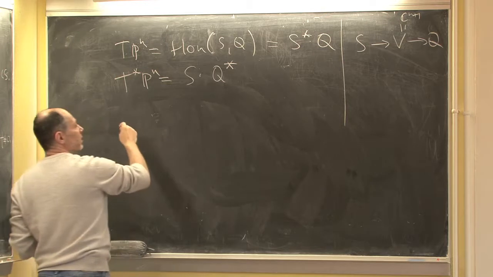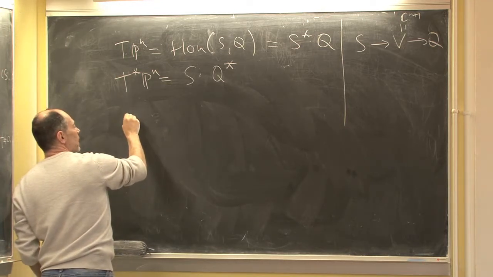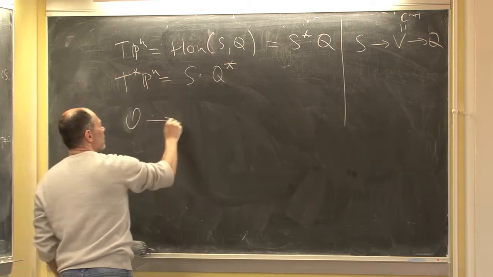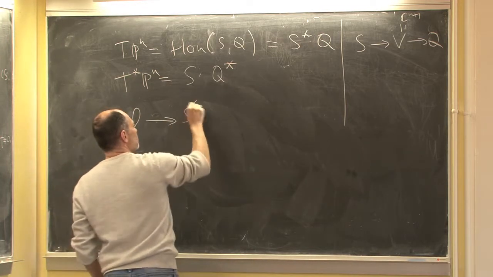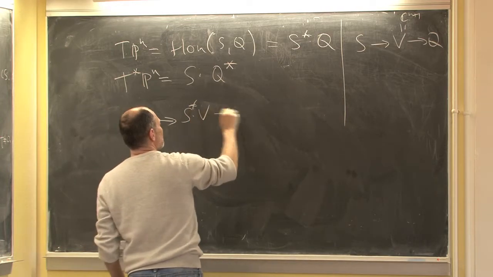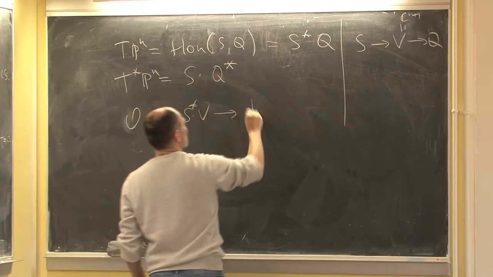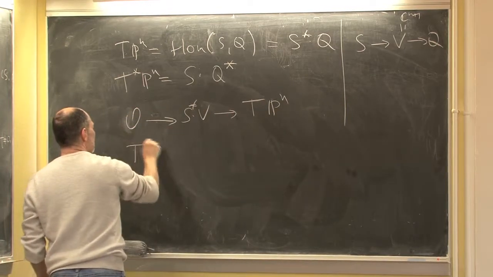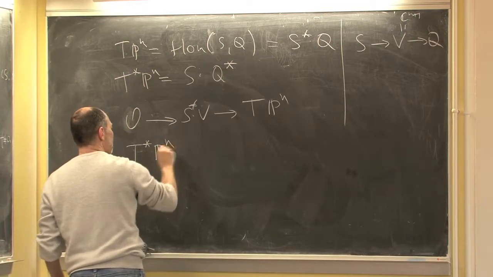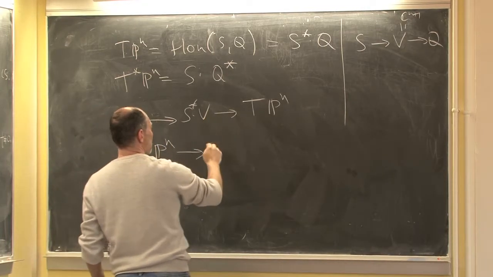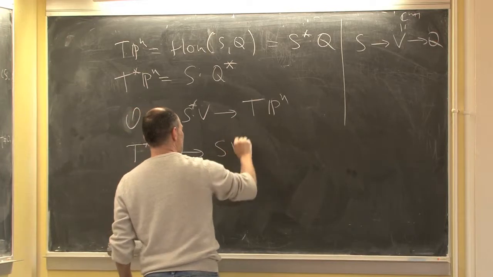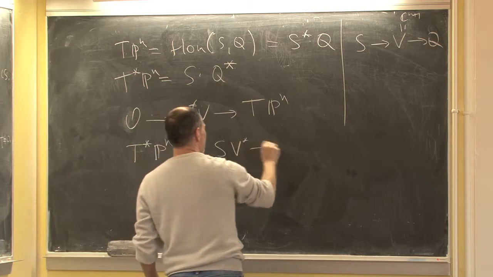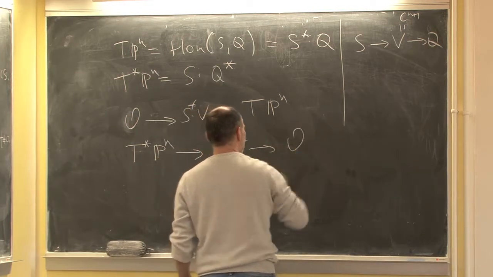So then this leads to the trivial bundle, say O, I tensor with S dual V times S dual Q, which is just T of Pn. I dualize this, I get T star Pn, and then I dualize everything, S V dual, but that's the same. It's a trivial bundle times just O.